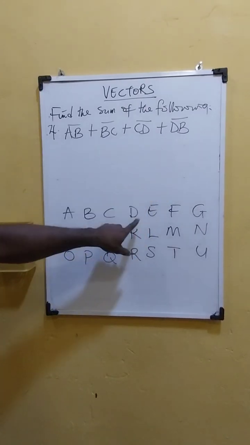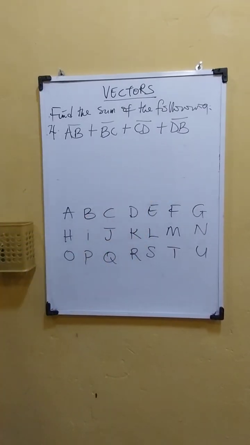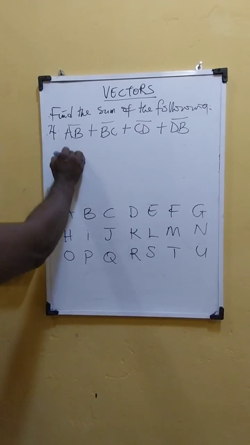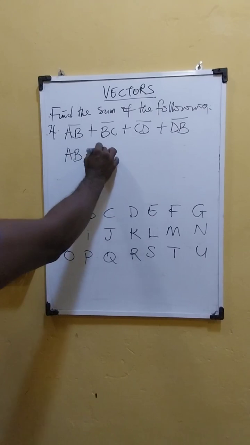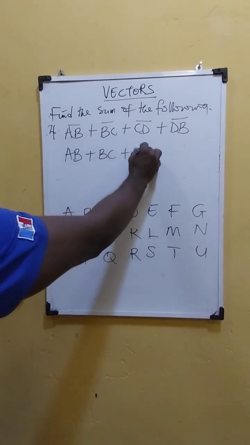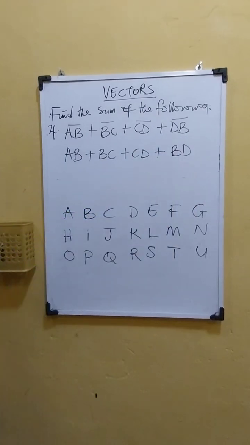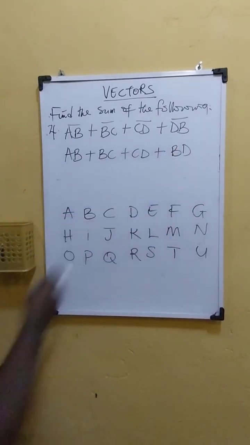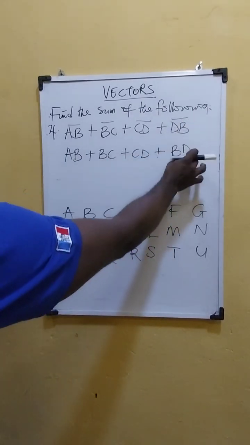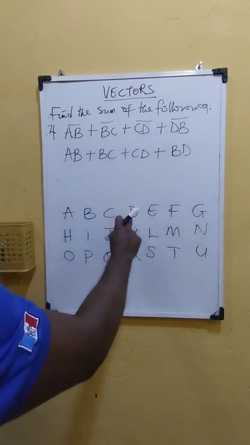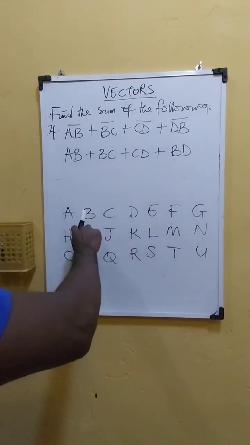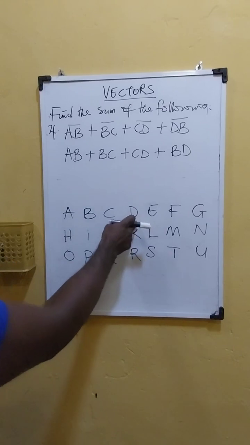Then DB. So what do we do now? We have to rearrange. AB plus BC plus CD plus what? BD. That's how it is supposed to be. So you now take it back because it shouldn't be DB. It should be BD. Did you get that?